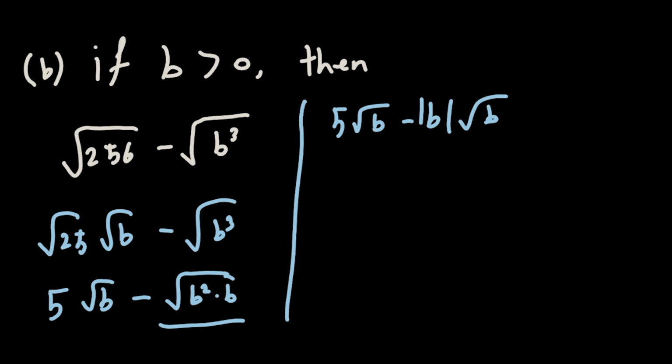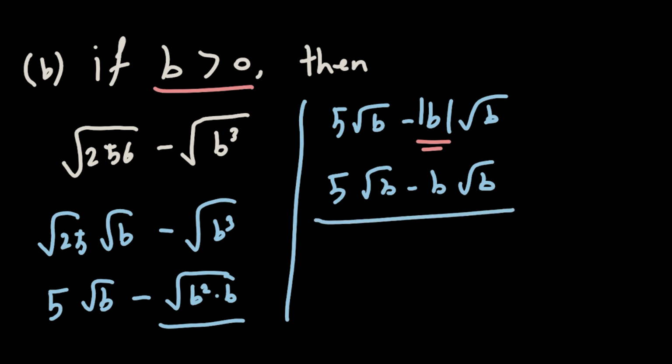Just note here, we can remove the absolute value because p is always greater than 0, so we don't need the absolute value. So let me write it as 5 root of p minus p root of p. And this is the final answer.